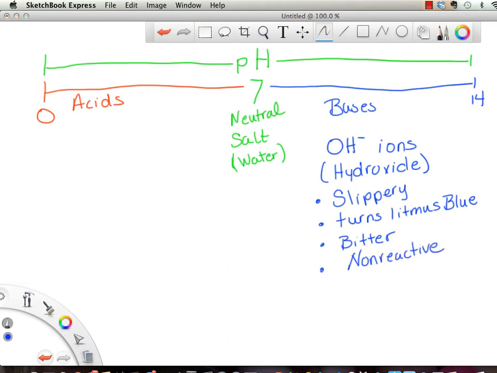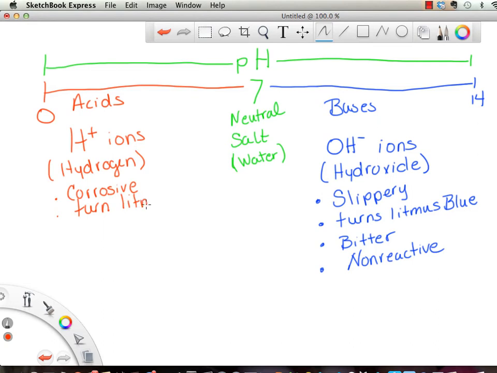Okay, and then you have acids, the opposites of bases, and they create H+ ions, which are hydrogen ions. So we're on hydrogen. And there are several characteristics of acids. They are corrosive, and the stronger it is, the more corrosive it is. They turn litmus red.